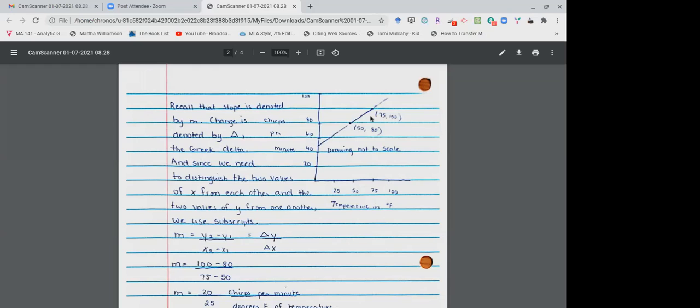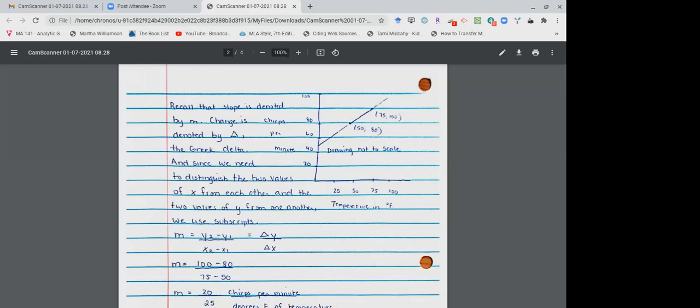And the way that we measure slant is with the change in the y, the vertical change, over the change in x. And because we need to distinguish between our two x values, in this case 50 and 75, and our two y values 80 and 100, we use subscripts for that reason.